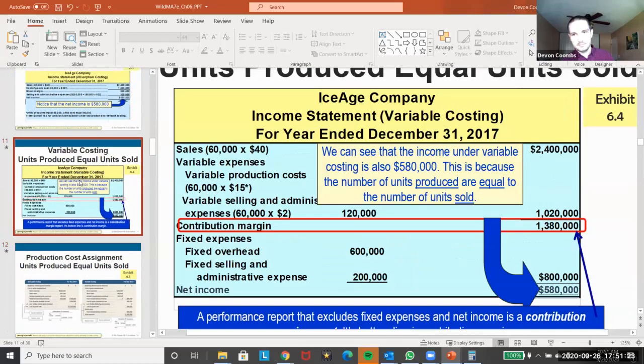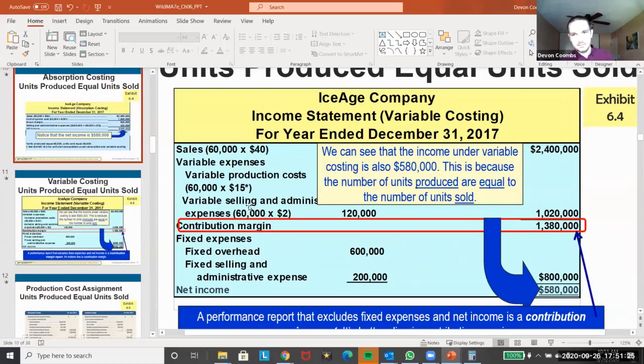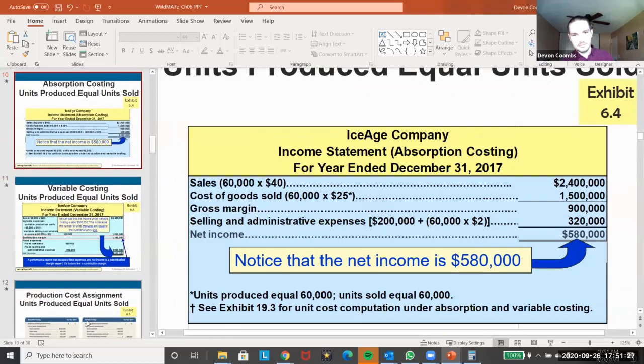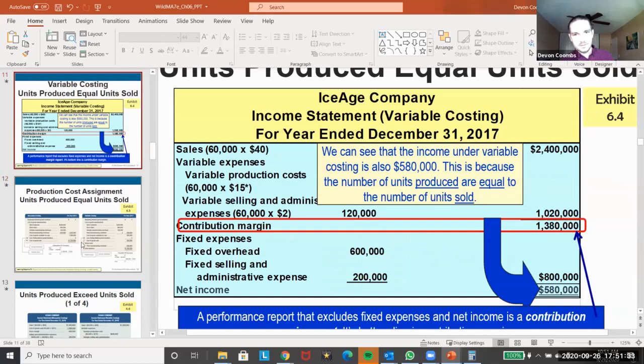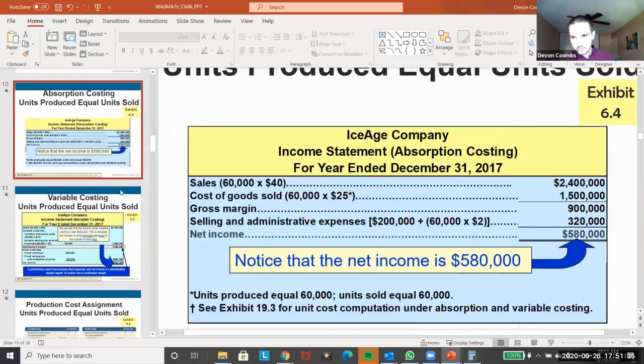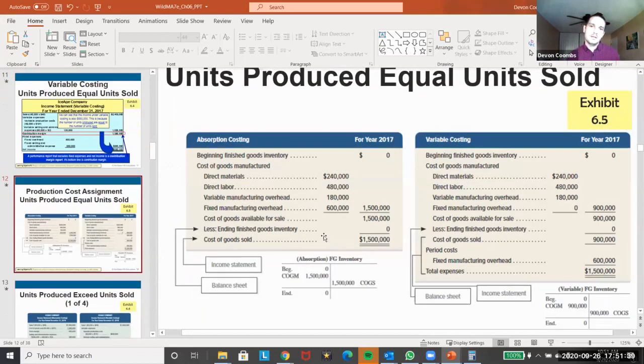Look familiar? Let's see. 900,000. While here we have the 1.5 million, which is cost of goods sold, 1.5 million. Then we have cost of goods available for sale, less ending finished goods. We didn't have any finished goods.